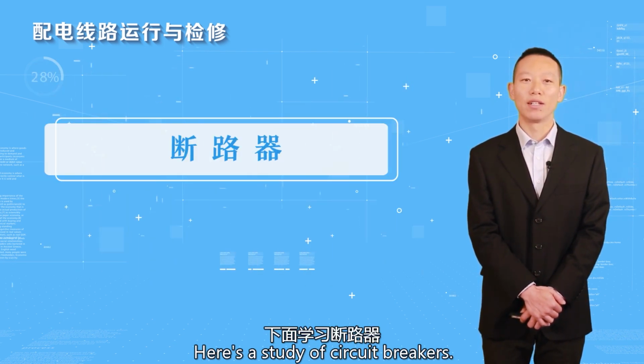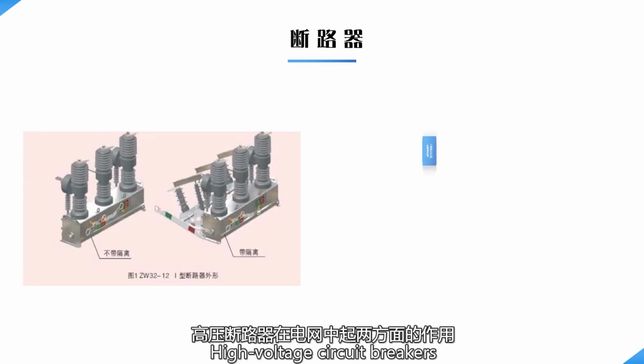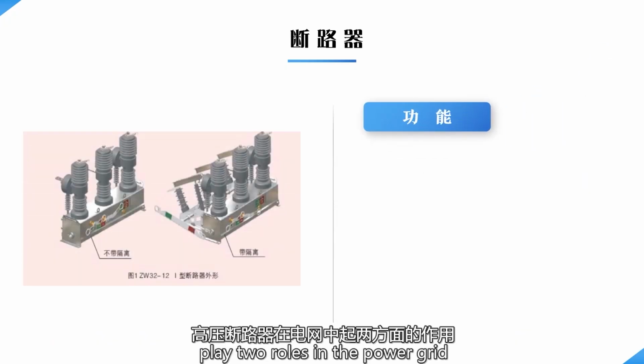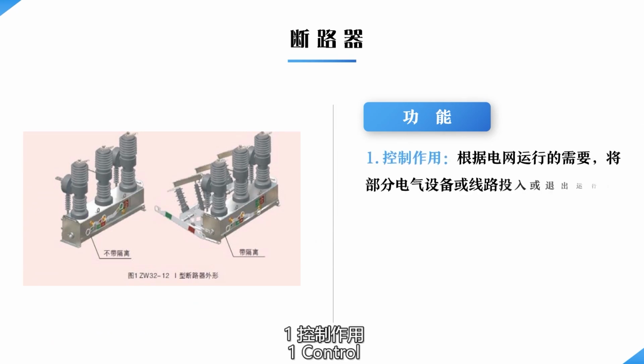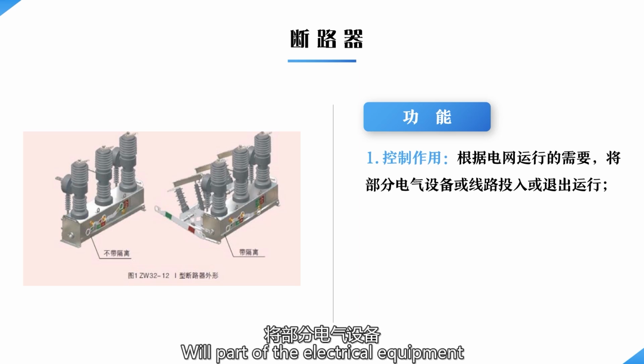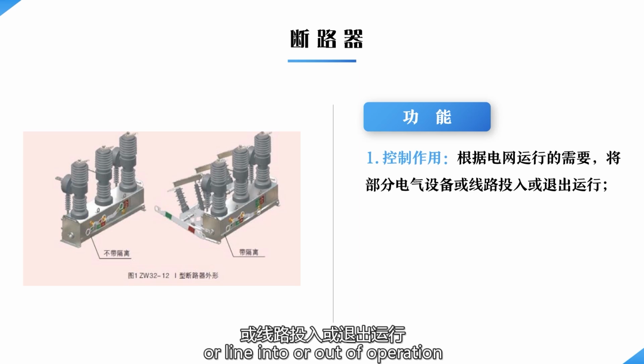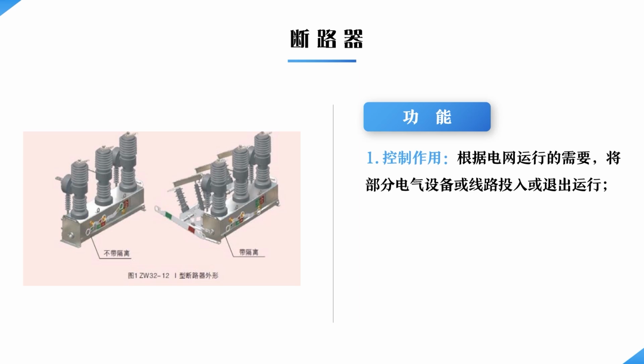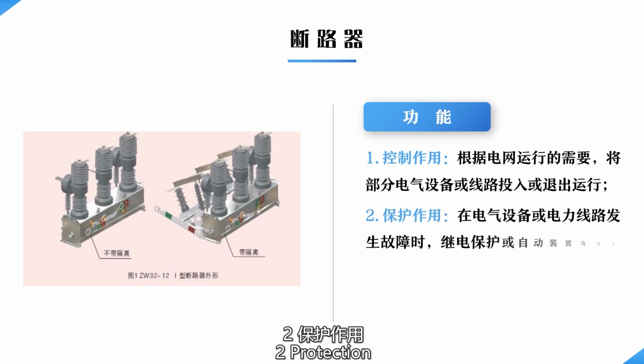Here's a study of circuit breakers. High-voltage circuit breakers play two roles in the power grid. 1. Control. According to the needs of grid operation, part of the electrical equipment or line is put into or taken out of operation. 2. Protection.